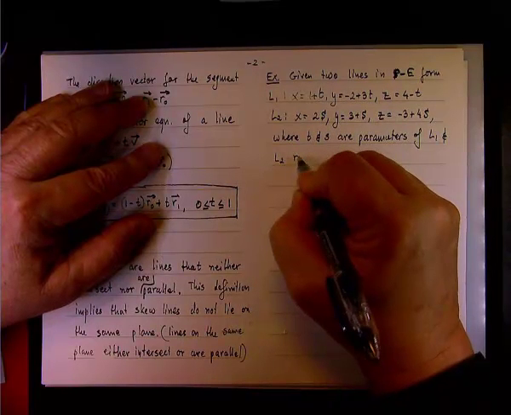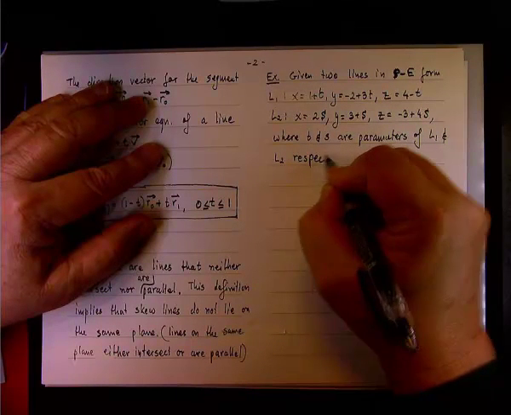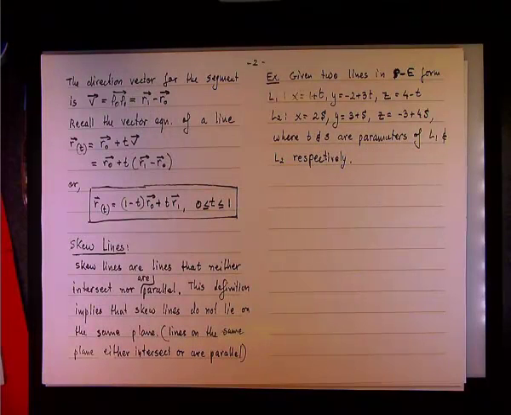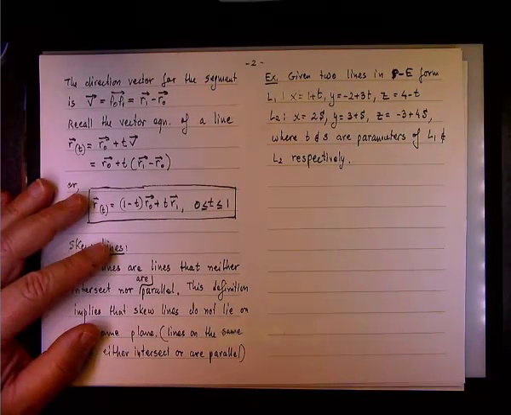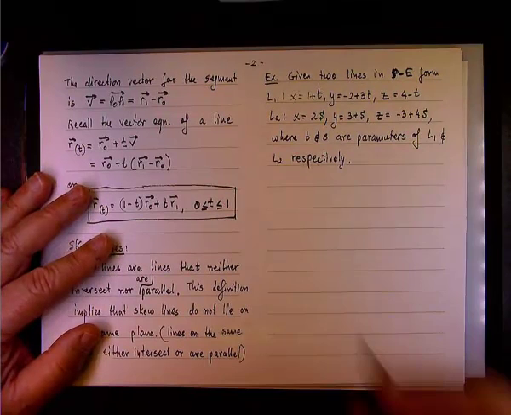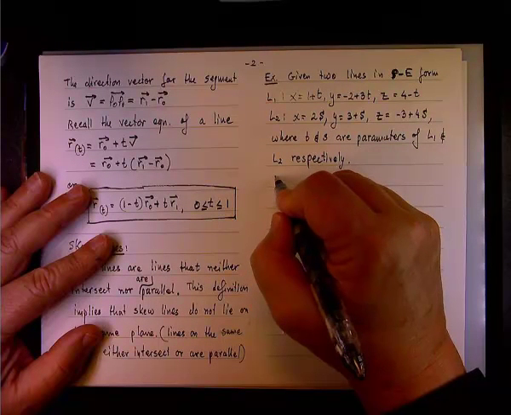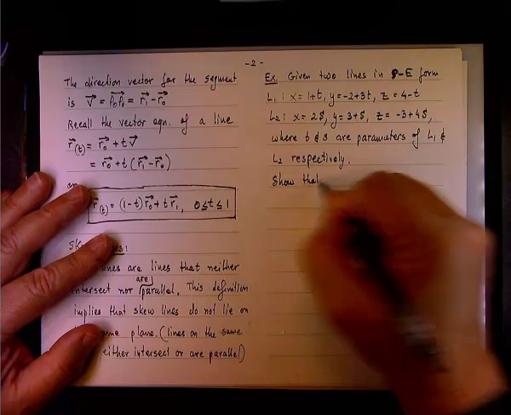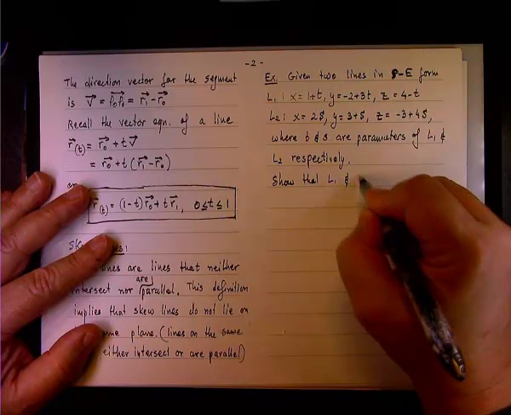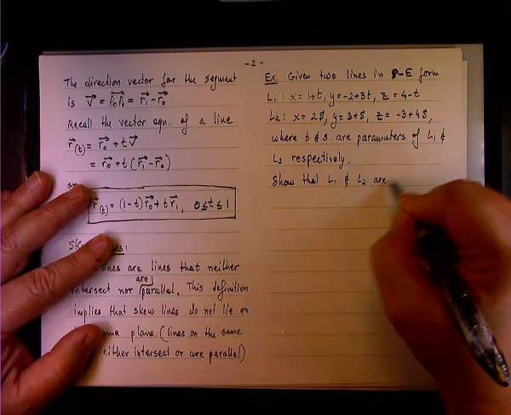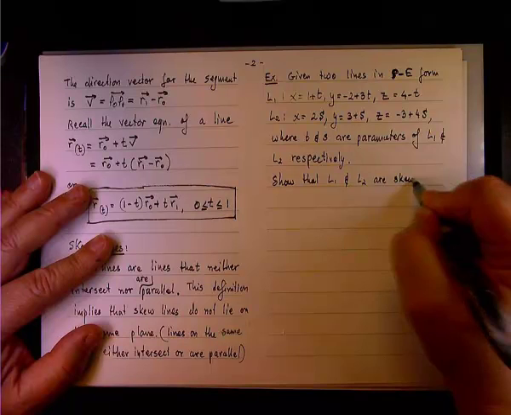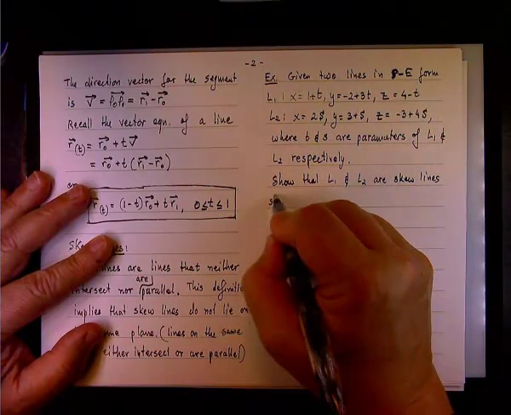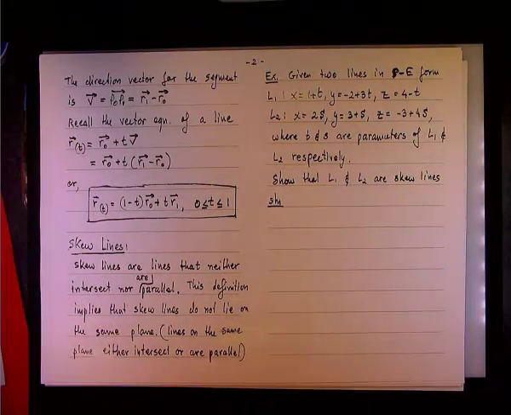Where t and s are parameters of L1 and L2 respectively. What we are tasked to do is show that L1 and L2 are skew lines.